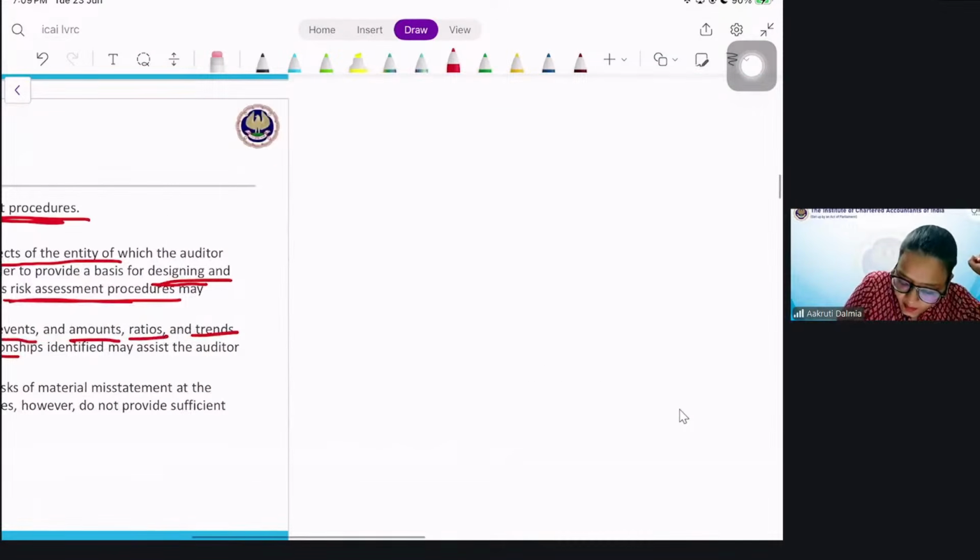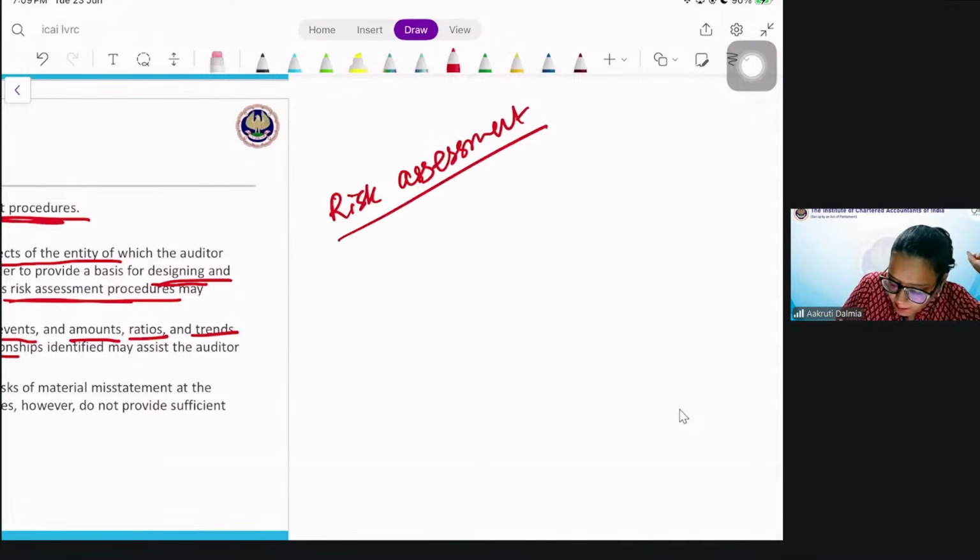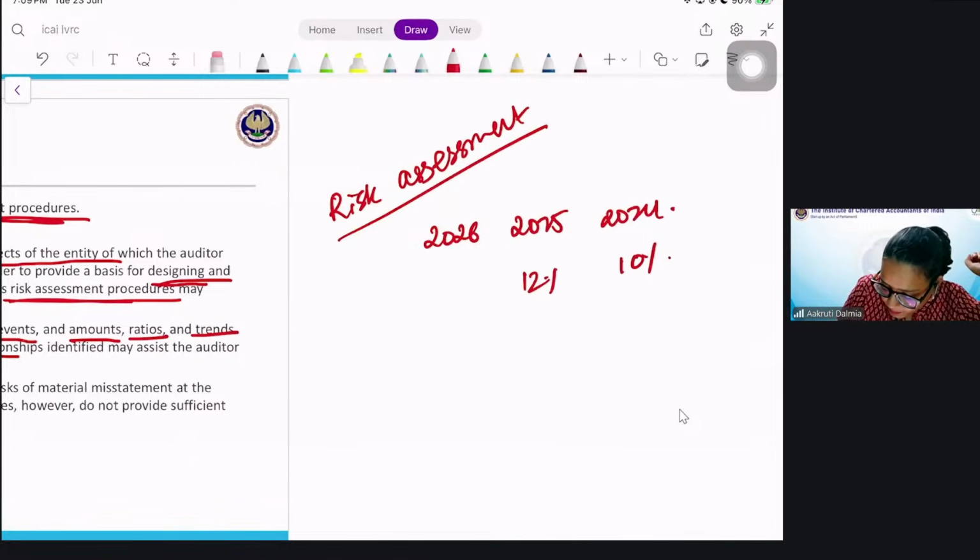So, suppose I am doing risk assessment and I compare 2026 data with 2025 and 2024. And I see that here the net profit ratio was 10%, here it was 12%, here it's suddenly 30%.